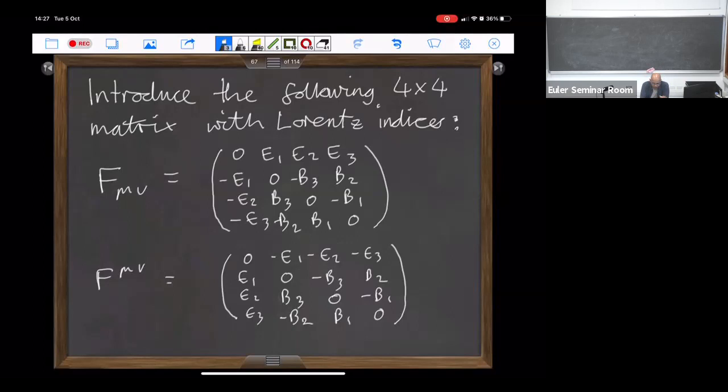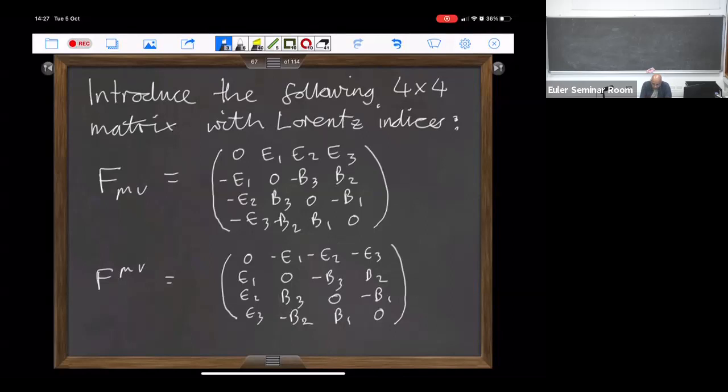So F mu nu is just a matrix whose entries are the electric and magnetic fields arranged in the way that I've defined here.